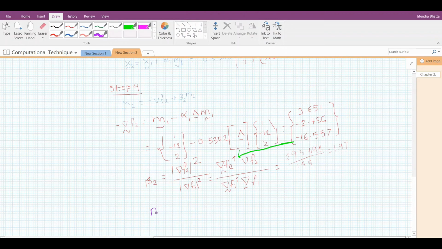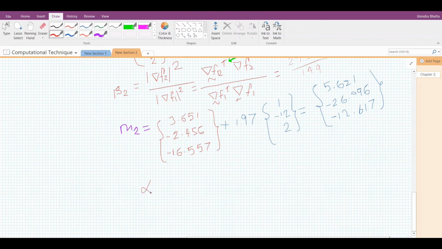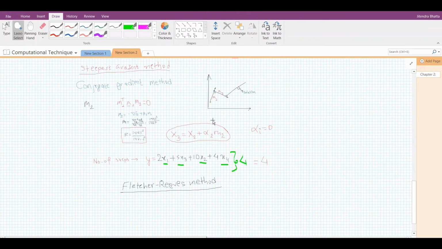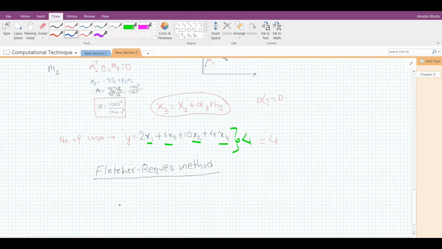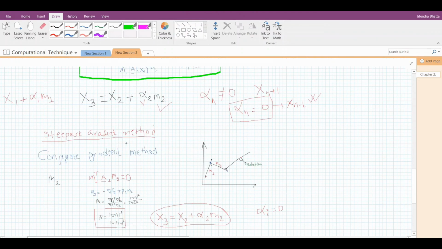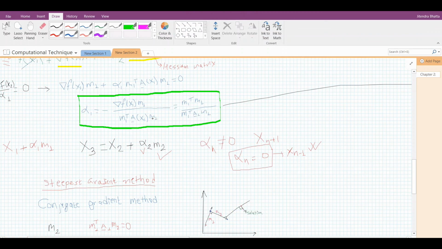Therefore your M2 will be equal to, now again, alpha 2 would be, I forgot to mention here about alpha 2. To find alpha 2, this will be equal to, these are all vectors. So in the first case, what we did here was we wrote M2 because we assumed the initial point to be 0, 0, 0. Therefore, this derivative here turns out to be equal to M1.